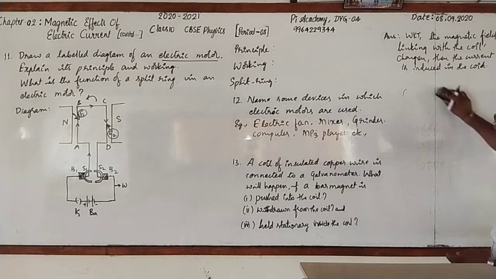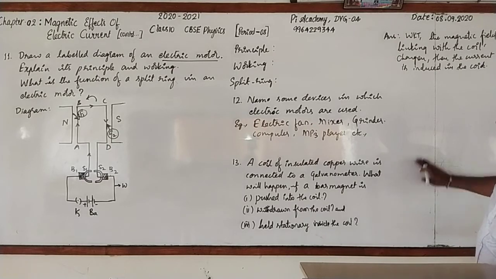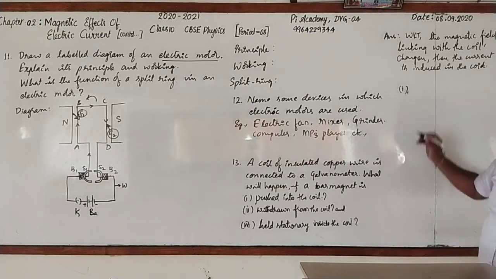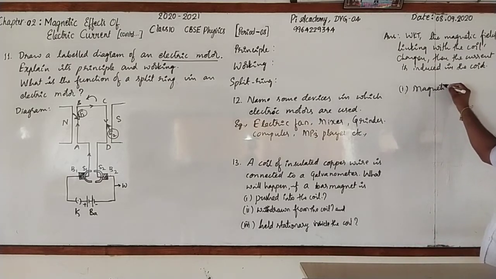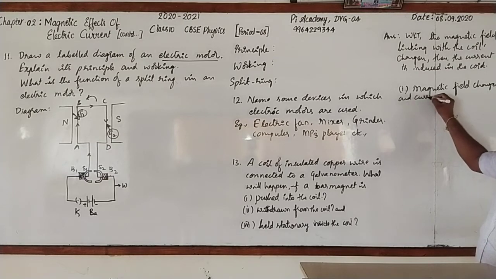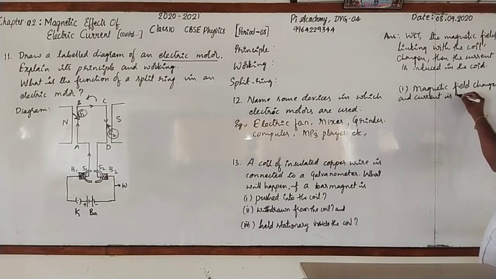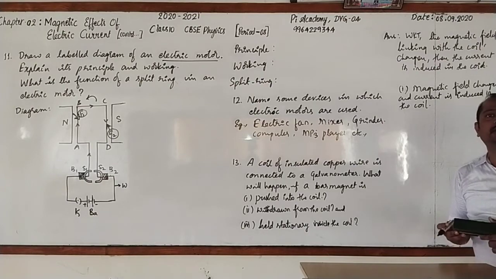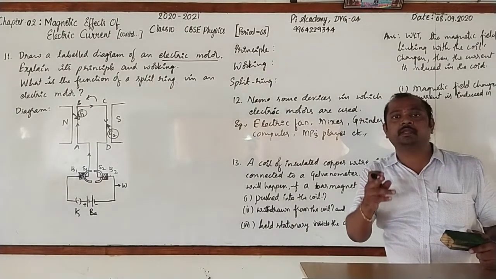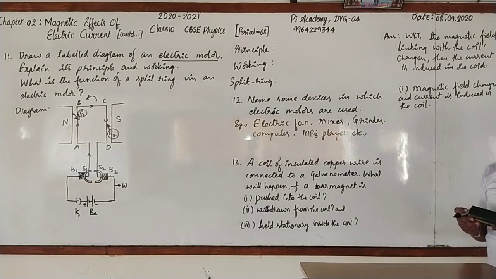Here, let us go for writing the answer for all the three. First one, when it is pushed inside the coil, what happens? Magnetic field changes and current is induced in the coil. When the current is induced in the coil, that can be known by observing the needle in the galvanometer.